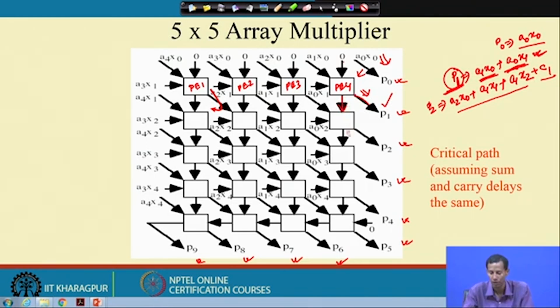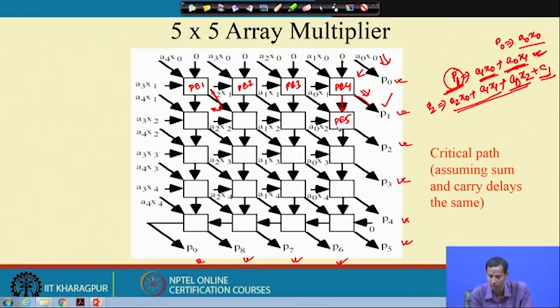basically coming to the next, and in this case this is considering this A2 x0. So, A2 x0 and A1 x1 will produce this carry over here and the sum will come to this. Okay. So, if this is P5, the sum will come to this, then again that will be added with A1 x2 and the C1 from the previous case. So, C1 is coming over here, and A0, sorry, this will be A0 x2.